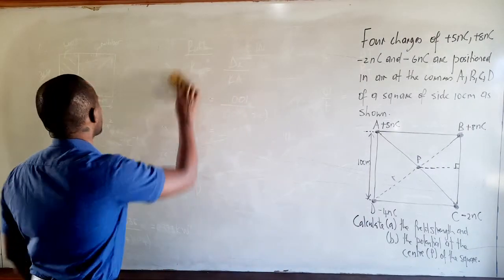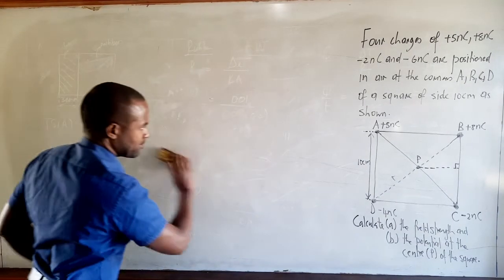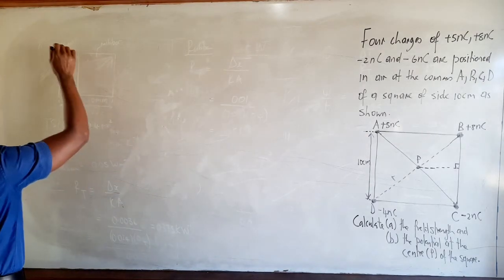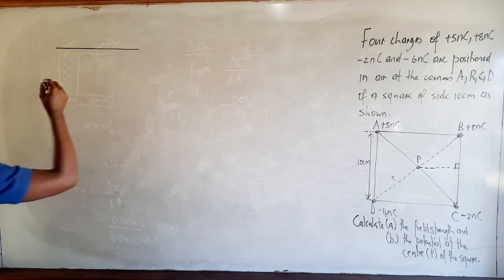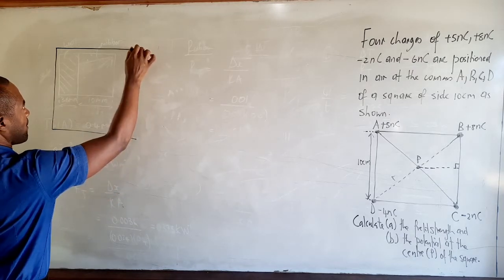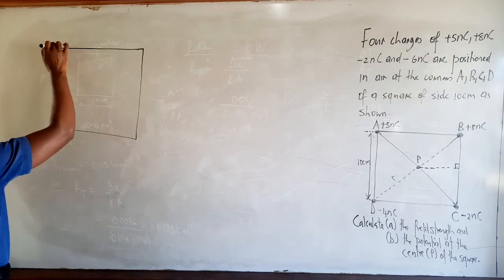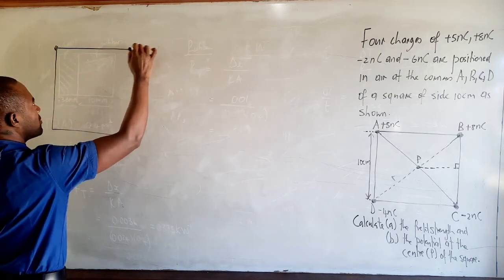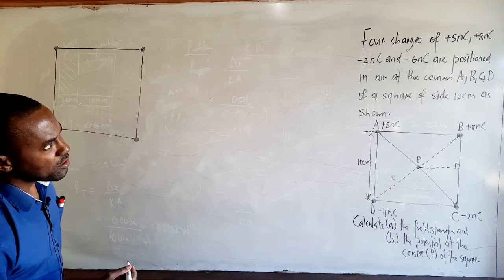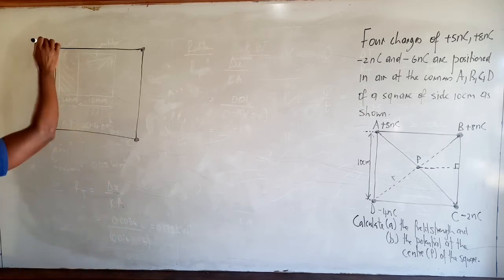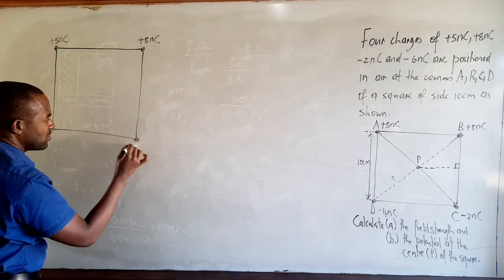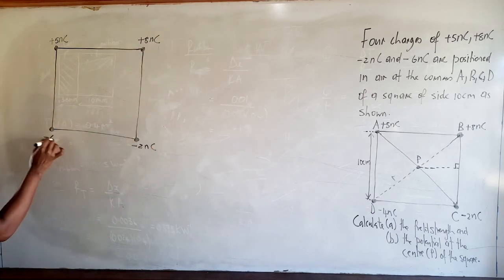Now we just redraw the diagram. So let's say this is our square, and at the corners of the square we have our 4 charges, magnitudes plus 5 nanocoulombs, plus 8 nanocoulombs, minus 2 nanocoulombs, and minus 6 nanocoulombs.